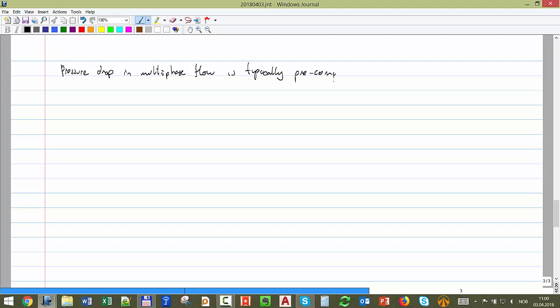Pressure drop in multiphase flow is typically pre-computed and stored in tables. I'm not going to call it tubing tables, but what we call flow tables.